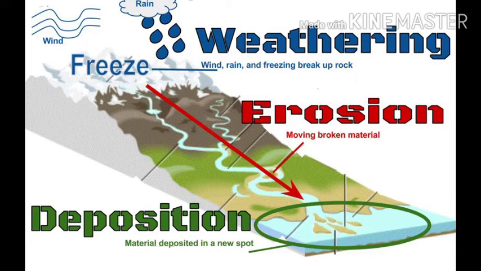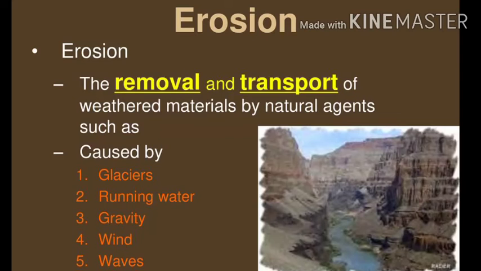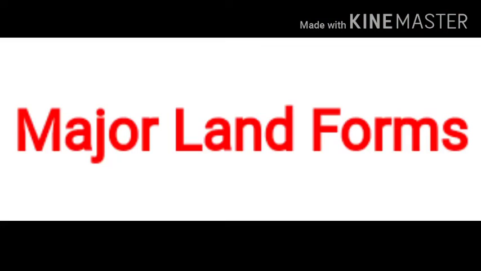Small rock fragments are easily removed by agents of nature such as wind, water, and ice. This process is known as erosion. So here we will see some major landforms which are formed by weathering and erosion.